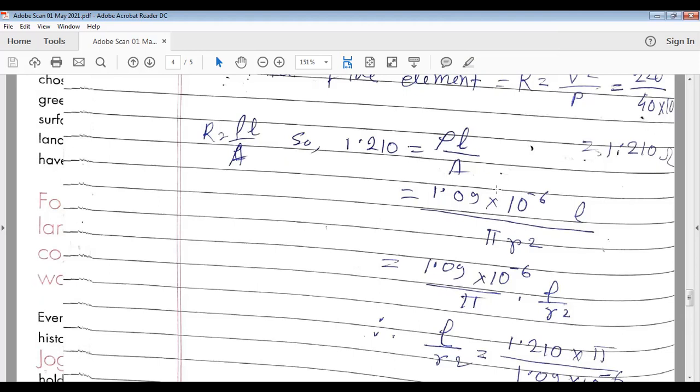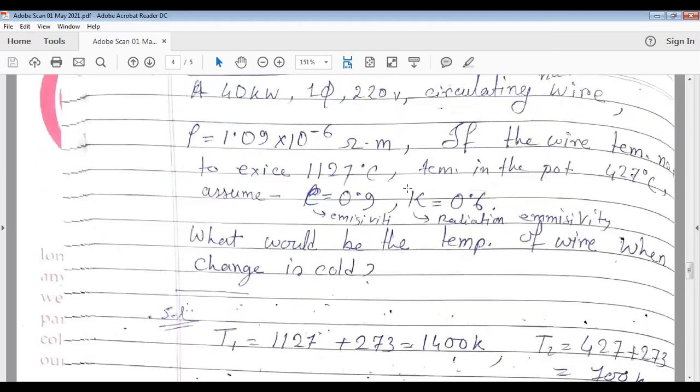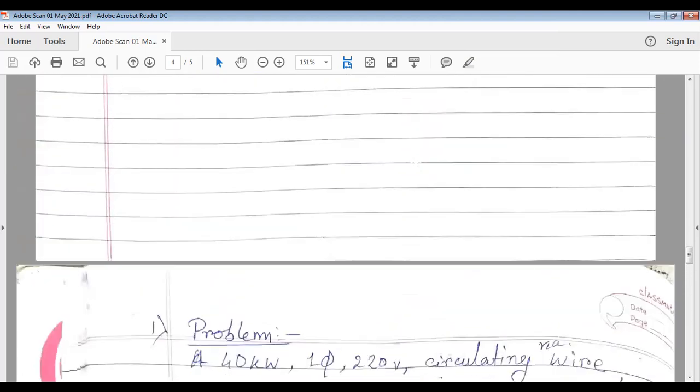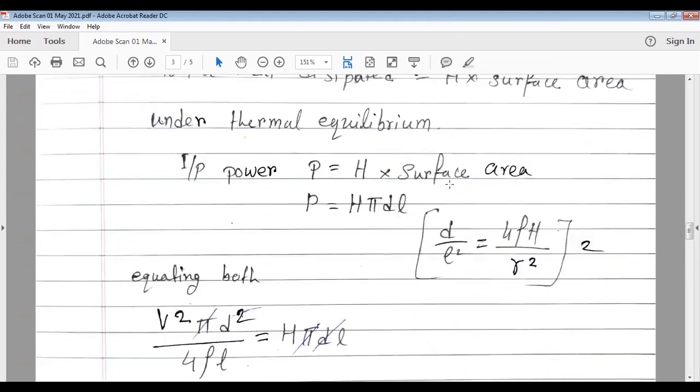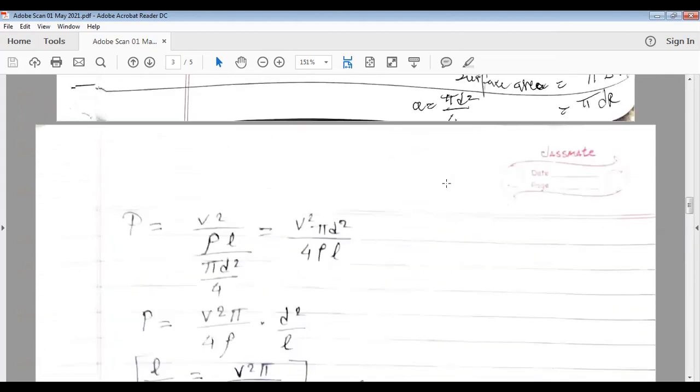Whenever you go into practical life, many times you have to estimate things. How much power is required? How many heating elements are required? How much time will it take? So this is the main application for radiative heat, because if you know radiative heat, then you can easily calculate and solve many problems.